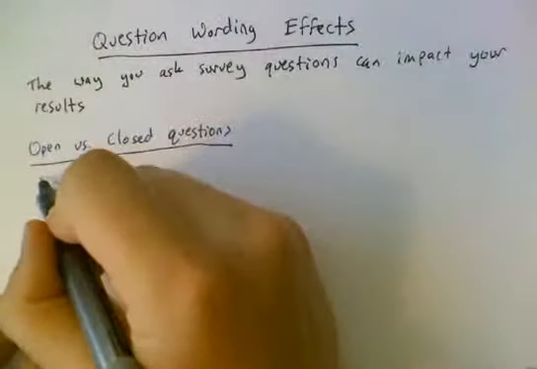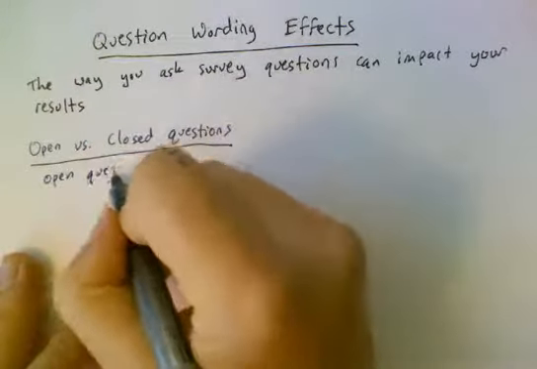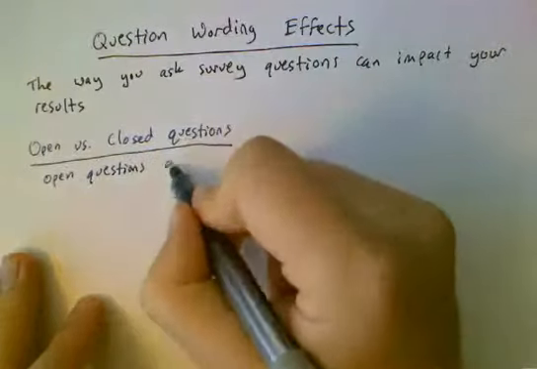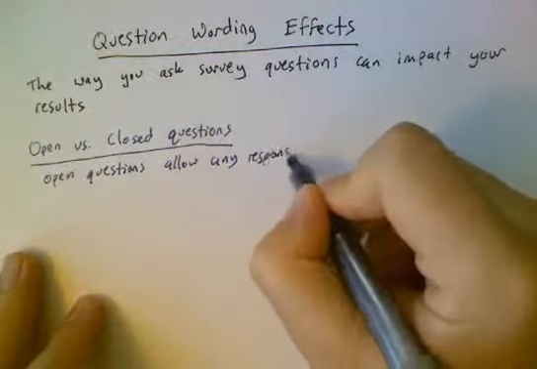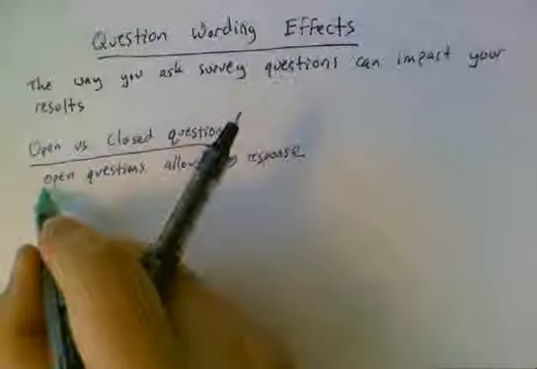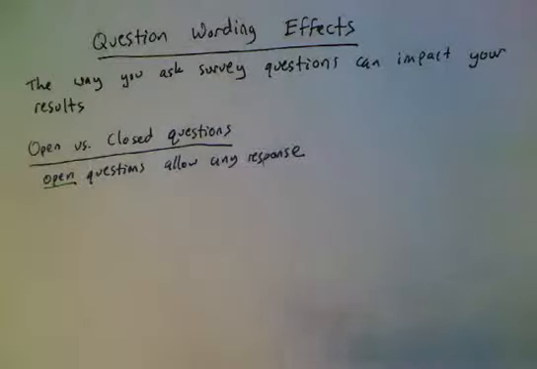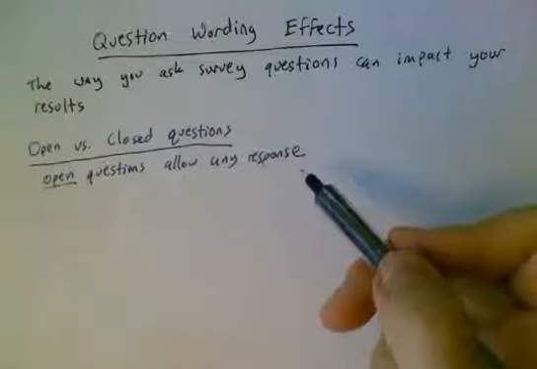An open question allows any response, while closed questions require choosing among different options. So basically open questions are free response, closed questions are multiple choice.